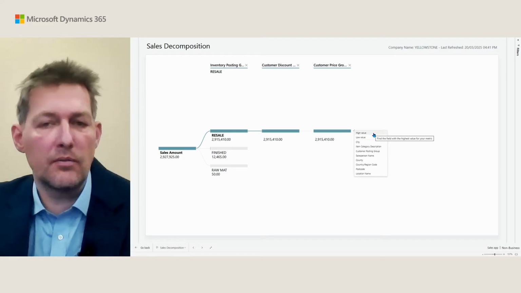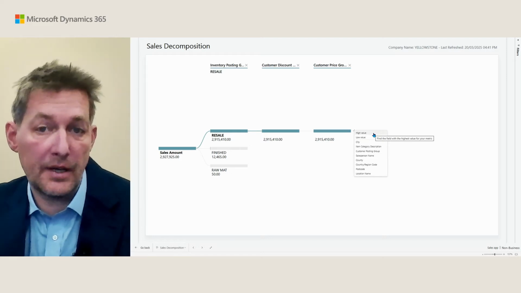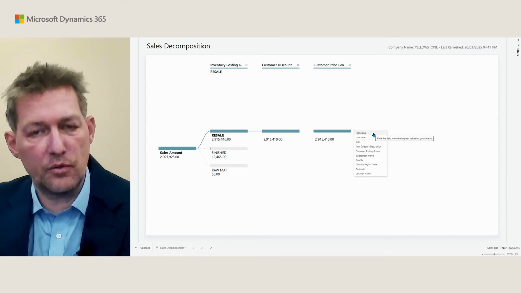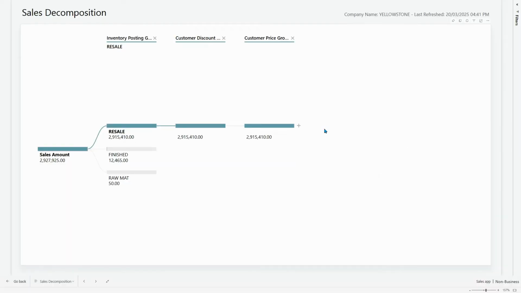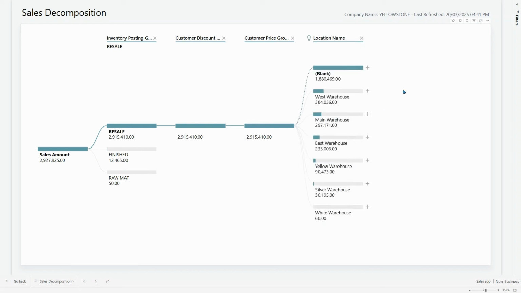Maybe you want to see contributors to high sales, but it could also mean that you want to find out where the troublesome areas are. So let's just go for high value here. And the algorithm simply found out that the location is the next dimension that describes a lot of sales.